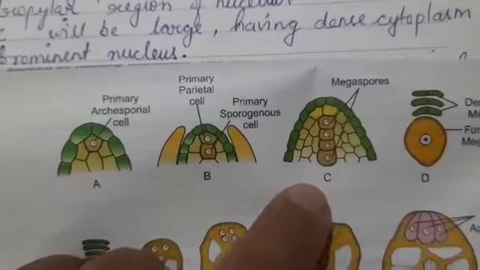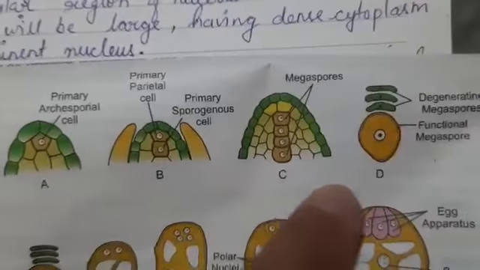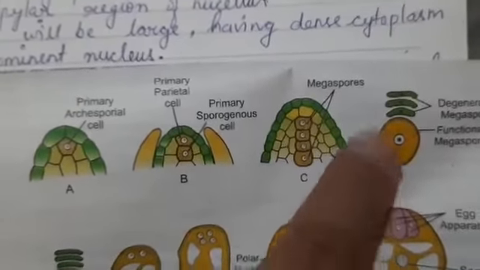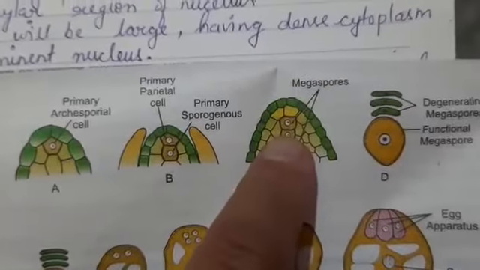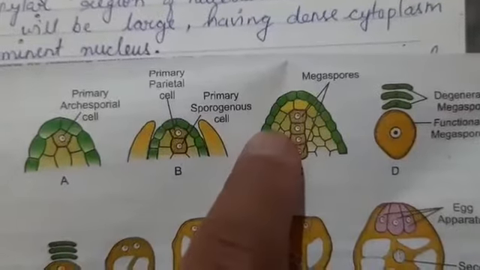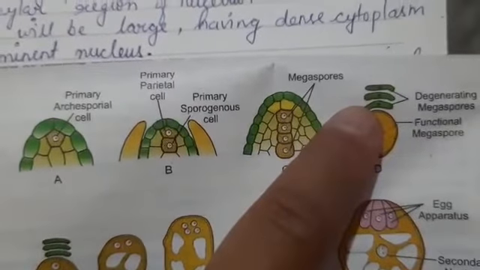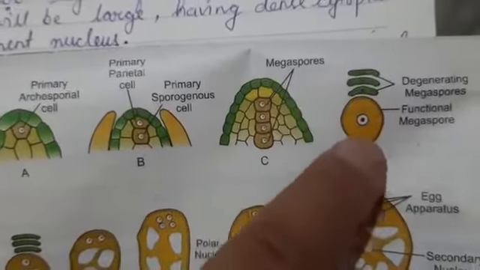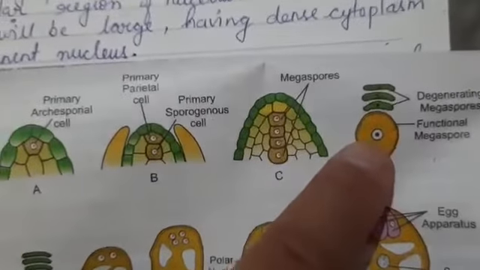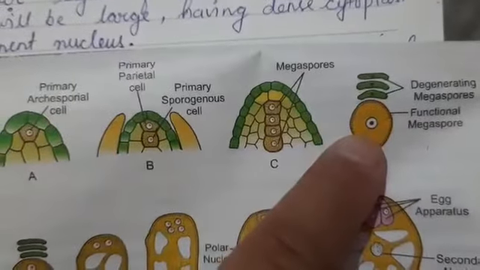Out of this linear tetrad, in most of the cases in the angiosperms, three of the megaspores which are present towards the micropylar end will degenerate. And only one functional megaspore is left.